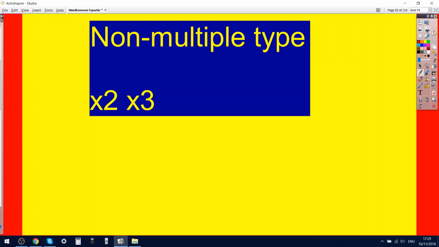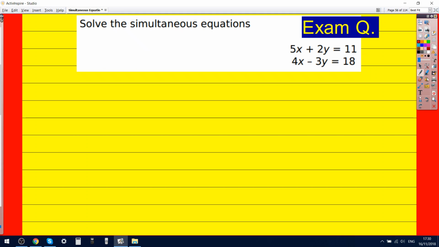Let's go straight to exam questions. How would we do this one? Let's write it out. Is it add?